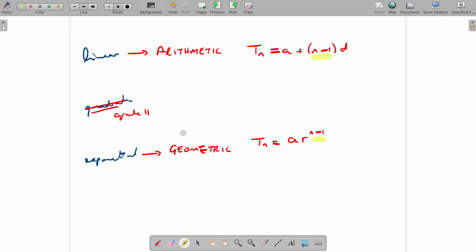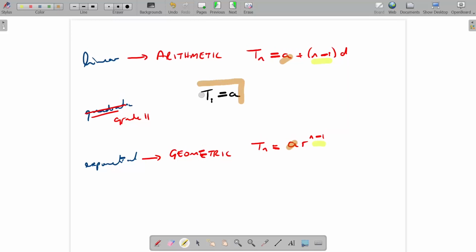That is important to recognize. Secondly, both of them have an a value. What is always true for all patterns is that T1 will equal a. So the first term is always equal to a. That's the reason for the choice of a.